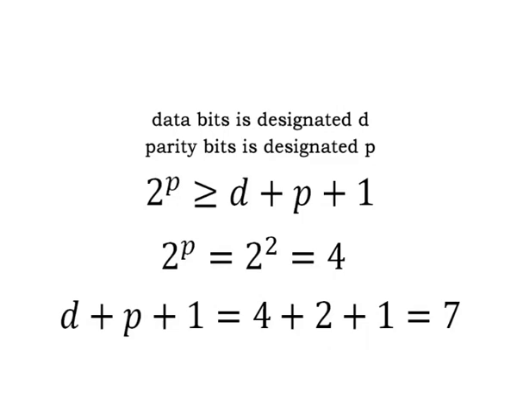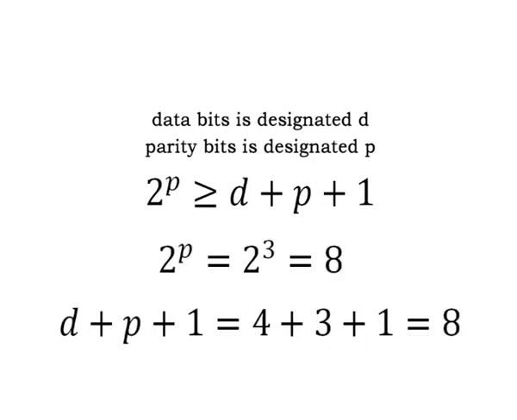We have to try again. Let P be equal to 3. Then 2 to the power P is equal to 2 cubed, which comes out to be 8, and D plus P plus 1 comes out to be 8. This value of P satisfies the relation of the equation.